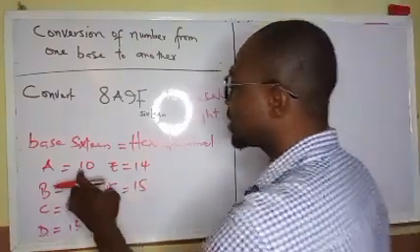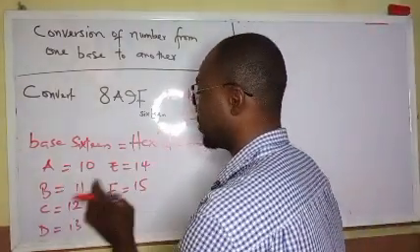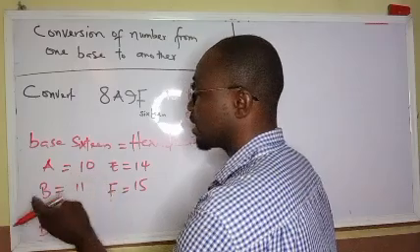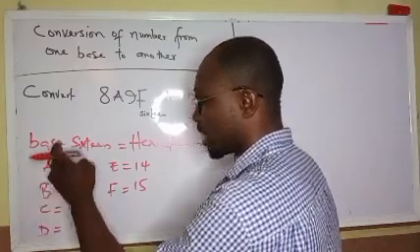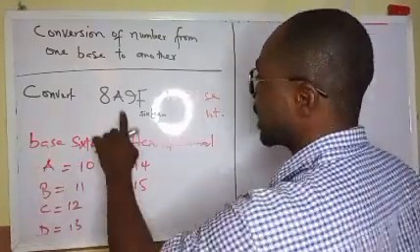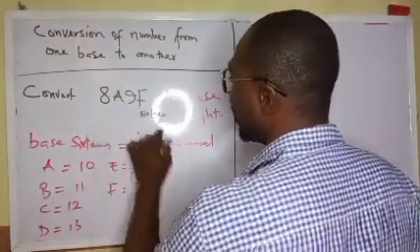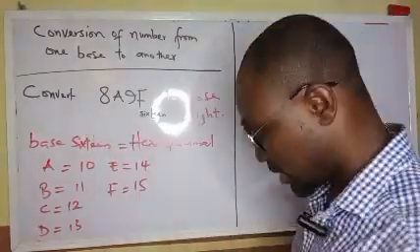So there will not be 10 in base 16; instead of 10 we have A, instead of 11 we have B, and so on and so forth. And that is why you see A and F in base 16.